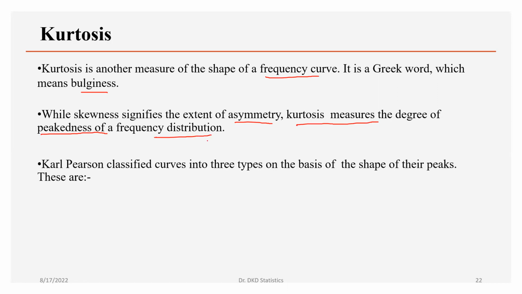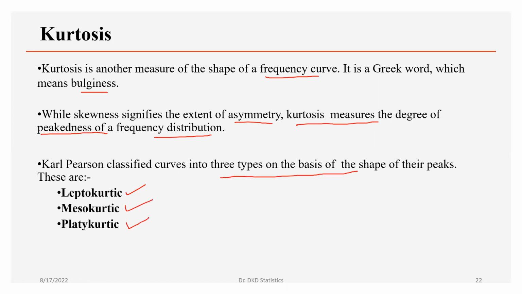Karl Pearson classified curves into three types on the basis of the shape of their peaks. These are leptokurtic, mesokurtic and platykurtic. These three points we need to understand in kurtosis.